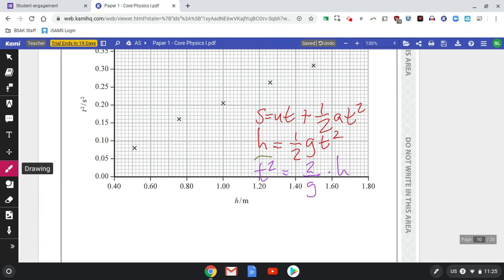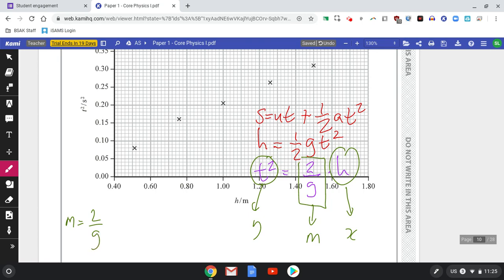So we've got t squared on the y-axis, h on the x-axis, so we've got 2 over g. That's our gradient. Our gradient's equal to 2 over g. So if m is 2 over g, then g is 2 over m. That's how we calculate g in this case.